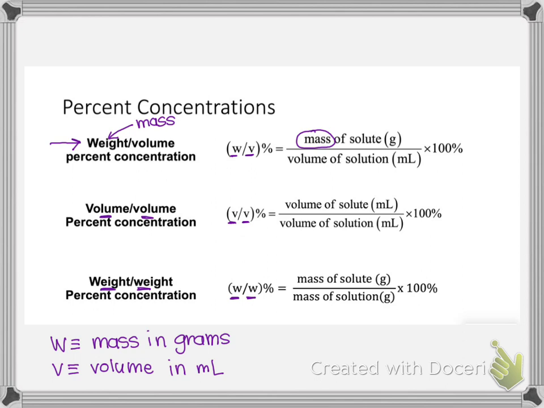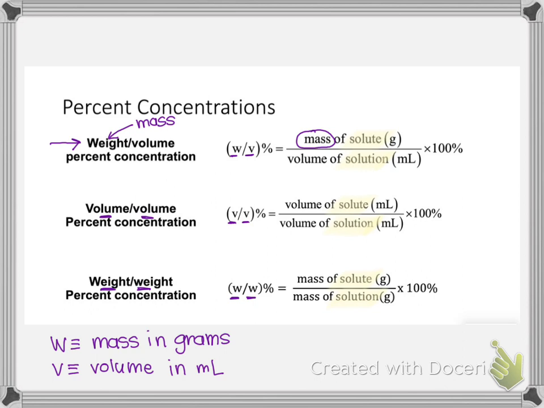So we're comparing different things, but if you look at what's the same, I want to highlight. Every single one of them is solute over solution, solute over solution, solute over solution.